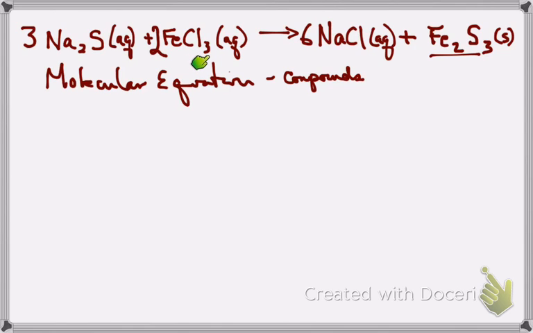So we have another kind of equation. We have what's called the total ionic equation. That's what we're going to write next. In the total ionic equation, only certain things get written as compounds, and only certain things get written as ions. Soluble ionic compounds get written as ions.